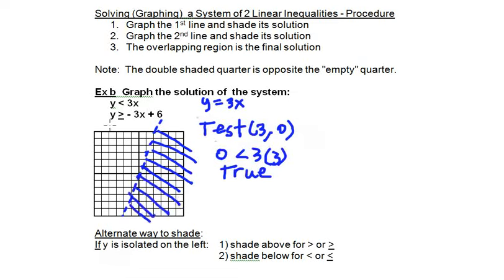Next, I'm going to move to the second inequality, which I'll write as an equation. So we've got y, and now instead of greater than or equal to, I'll just write it as equal to negative 3x plus 6.